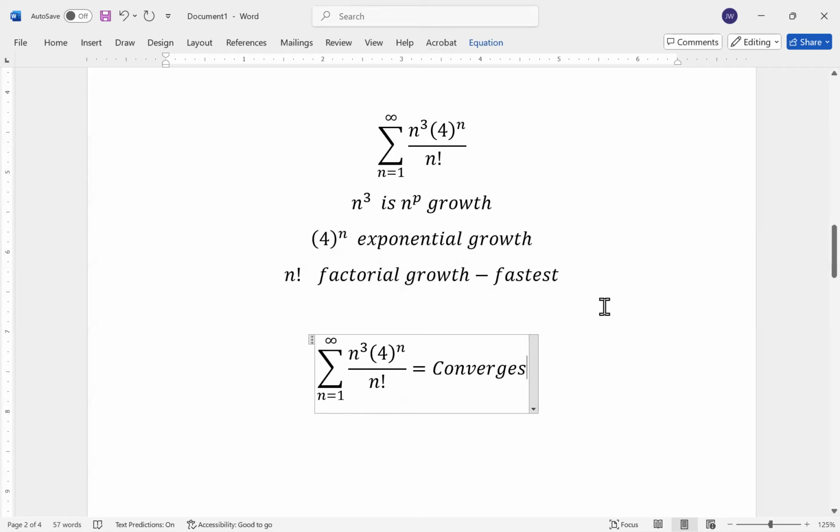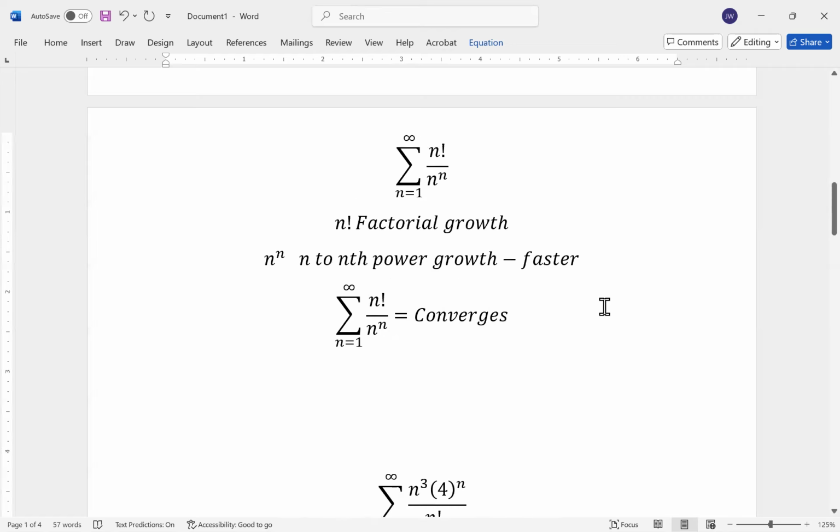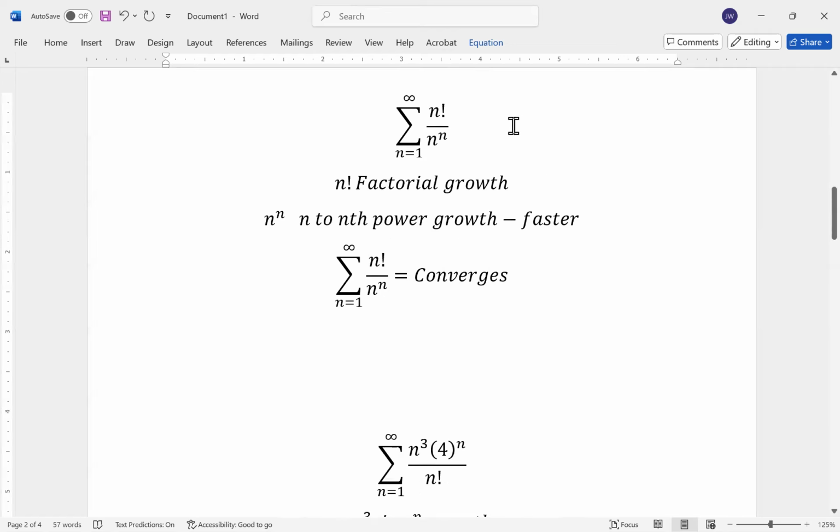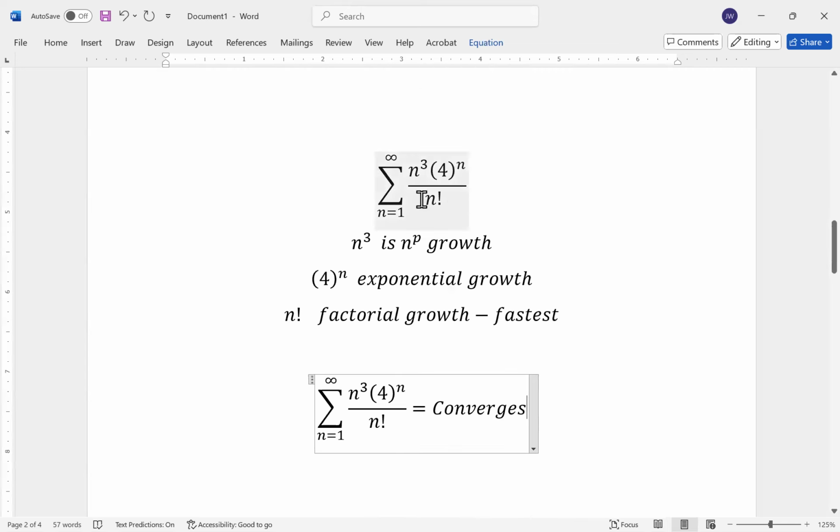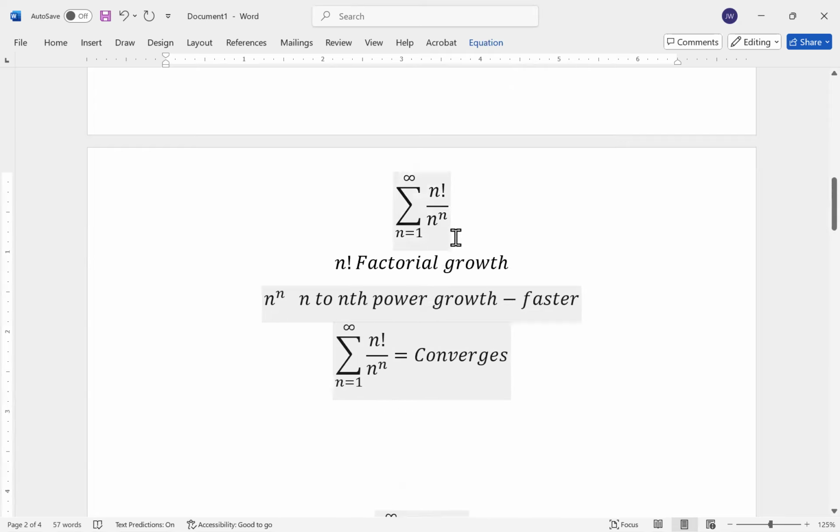So this is sort of the informal way of doing the ratio test: just looking for the fastest growth around, convincing yourself that a product of exponential times n to the p still doesn't overcome factorial, and that n to the nth power is a faster growth than factorial growth.